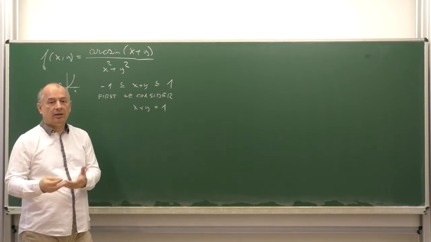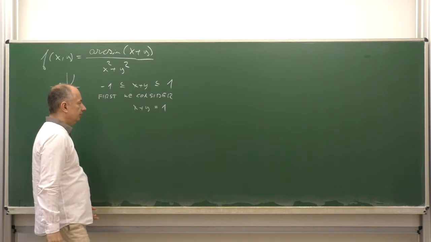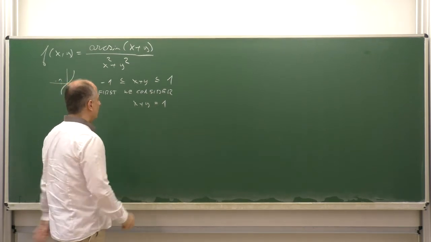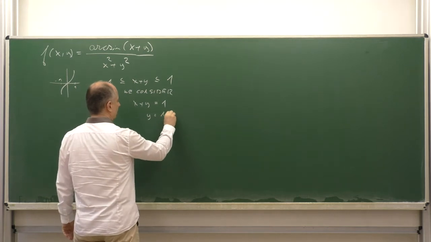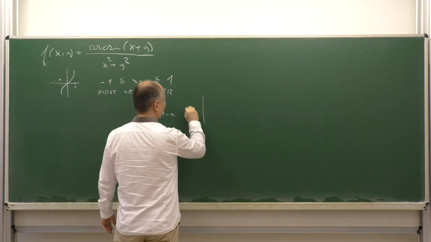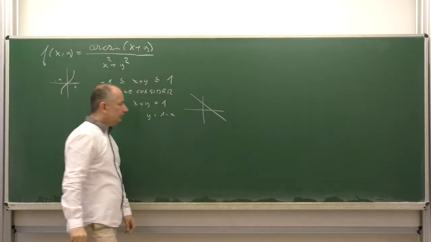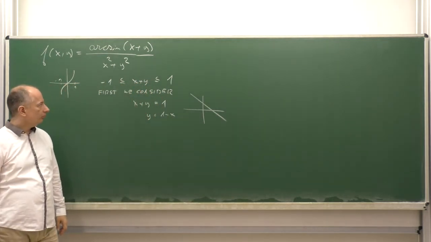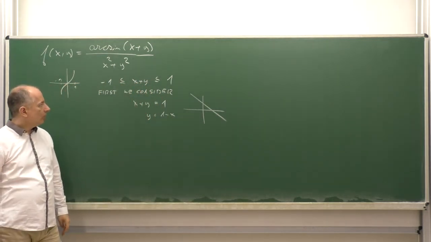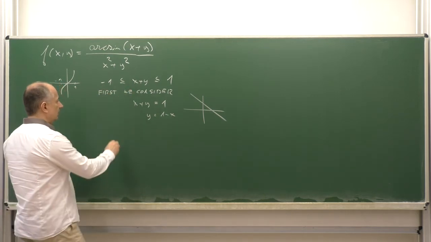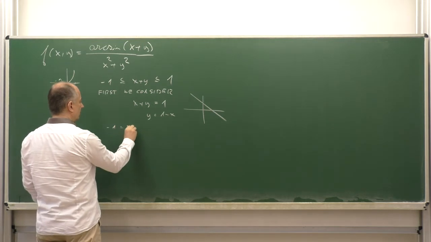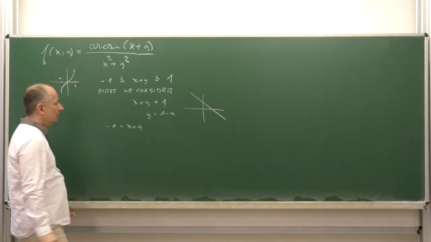We prepare the material. But x plus y is 1, this is easy to guess, or easy to sketch. y is 1 minus x. Okay, then let's consider the left part. Minus 1 is equal to x plus y.